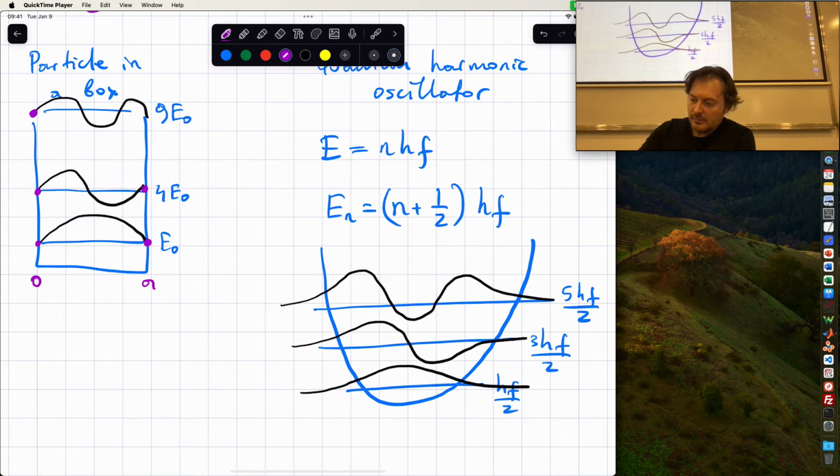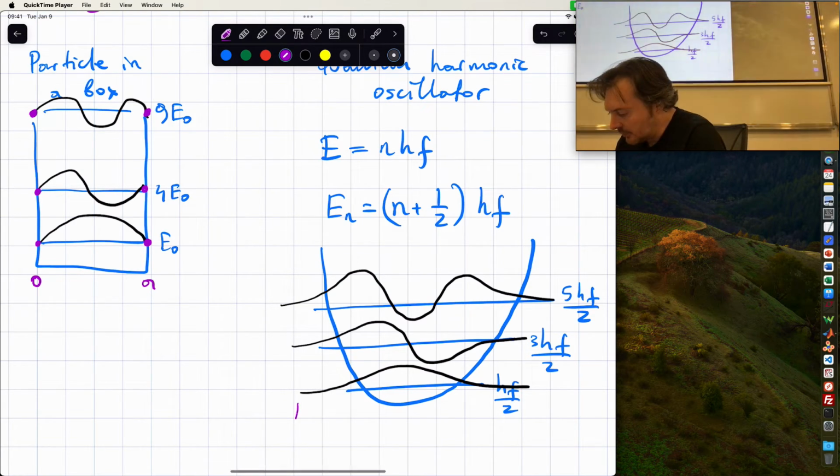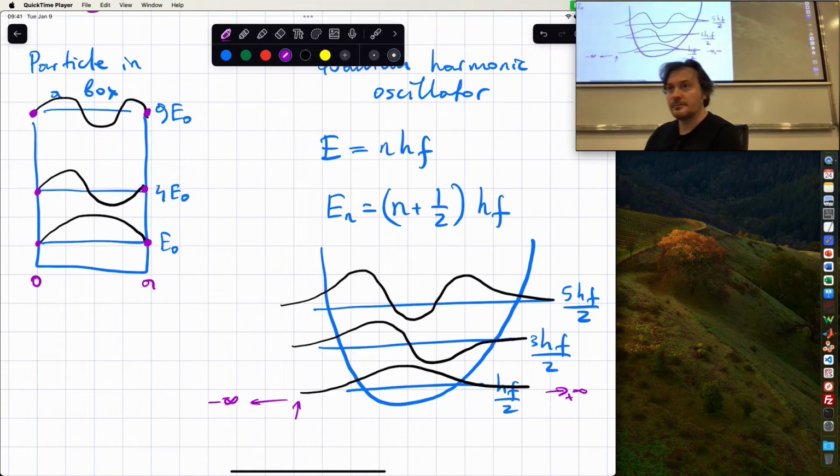But for the quantum harmonic oscillator, it can in principle go forever to minus infinity and to plus infinity. So our integrals in particle in a box were going from 0 to A. Now they are going to go from minus infinity to plus infinity. Do you have any questions? Any comments?